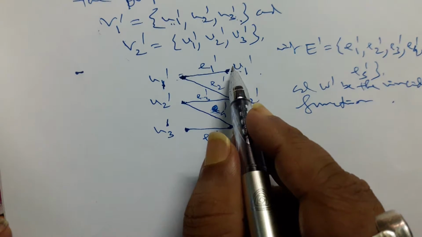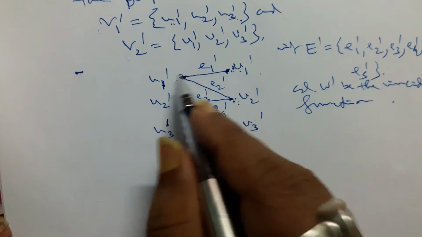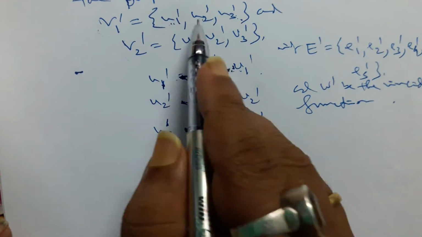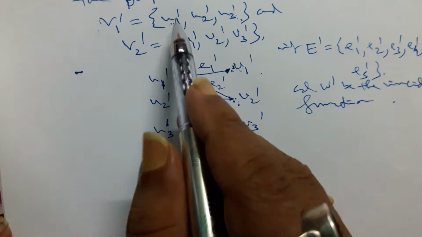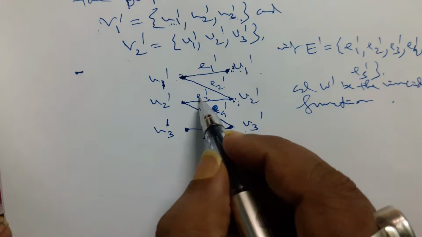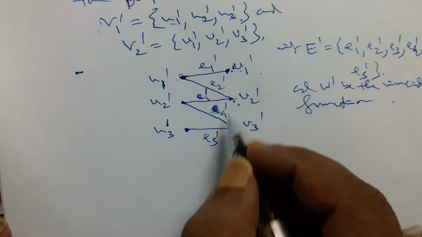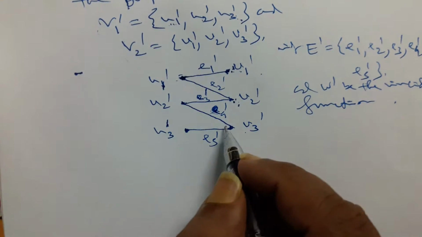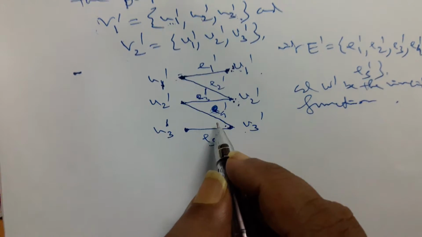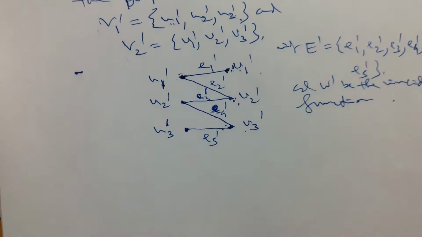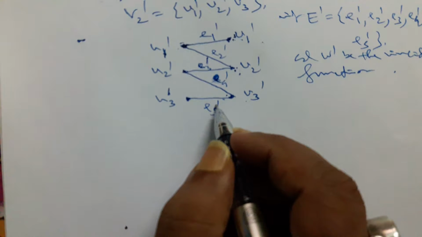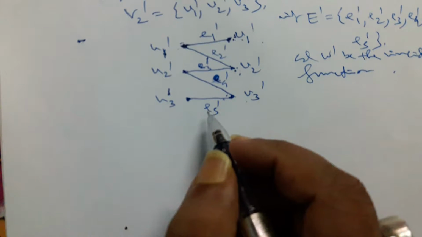In this way we find all the edges satisfy this criterion of a bipartite graph.